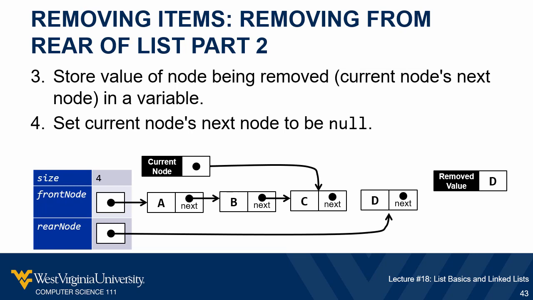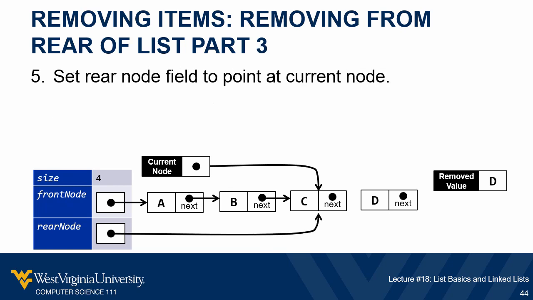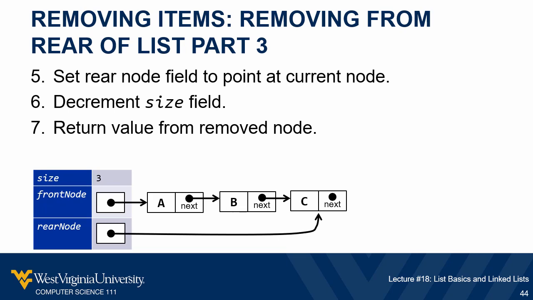But we still have a little bit of cleanup to do because we have that rear node field that's pointing at the node that we're trying to get rid of. So what we'll want to do is update that. We're going to make the rear node field point at our current node. Then we can finish up here by decrementing the size field and returning the value from our removed node.